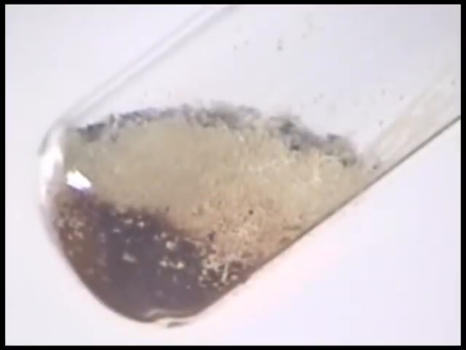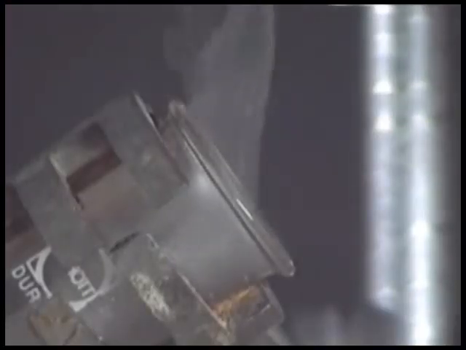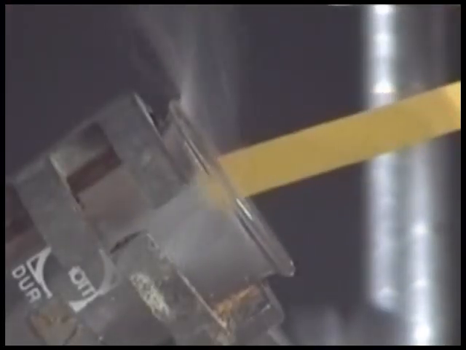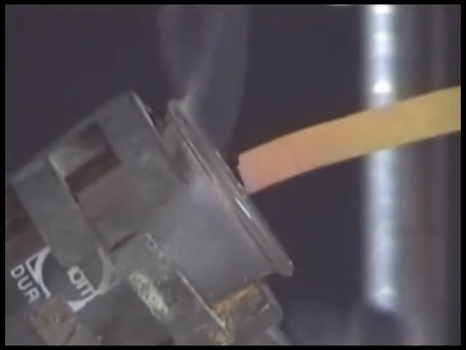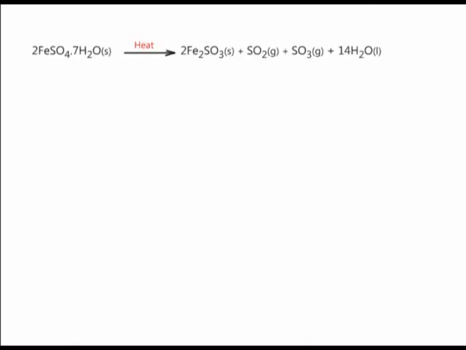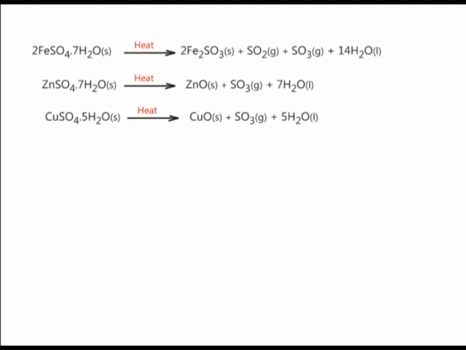A damp litmus paper turns red when inserted at the mouth of the test tube. And so iron 2 sulfate crystals decompose to give iron 2 oxide, sulfur 4 oxide, sulfur 6 oxide, and water. Zinc sulfate and copper 2 sulfate decompose on strong heating to form the metal oxide, water, and sulfur 6 oxide gas, which is colorless. The gas turns moist litmus paper red.